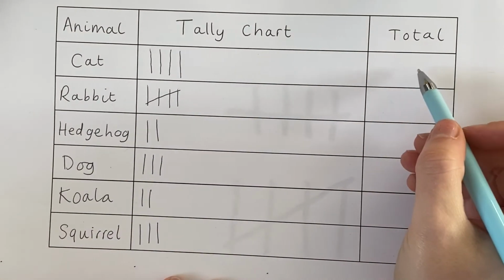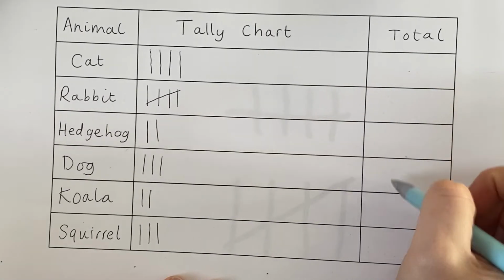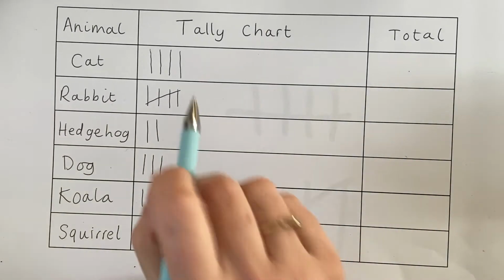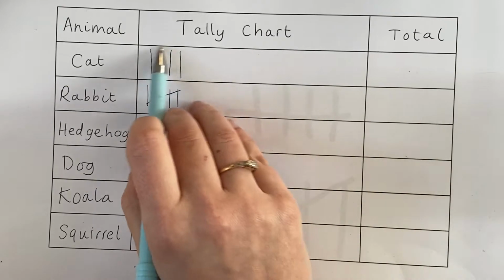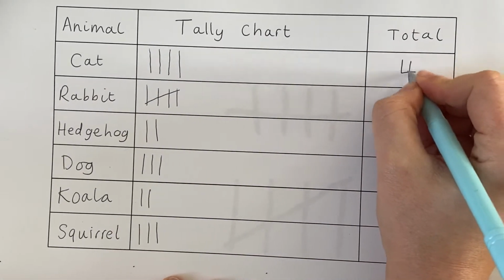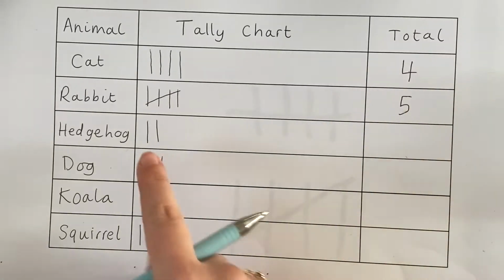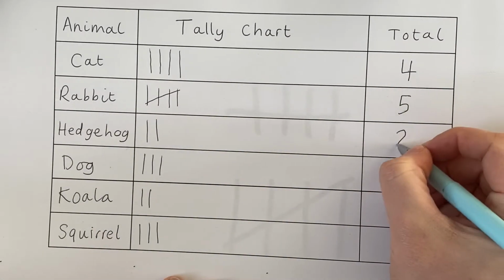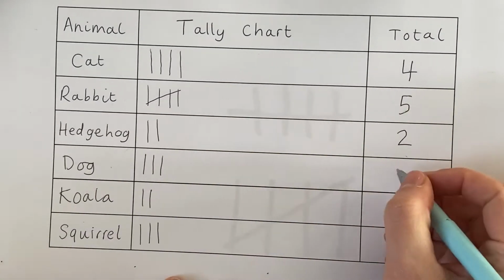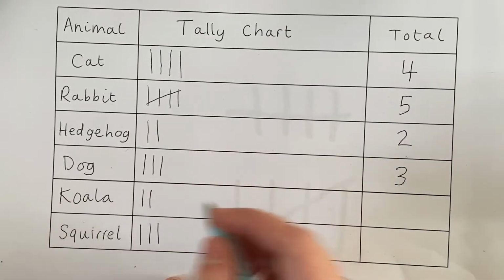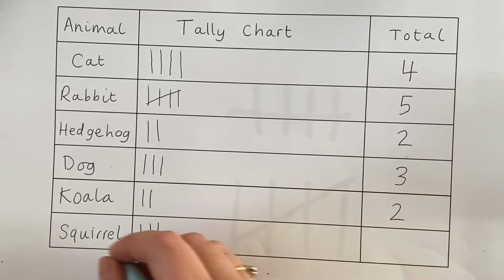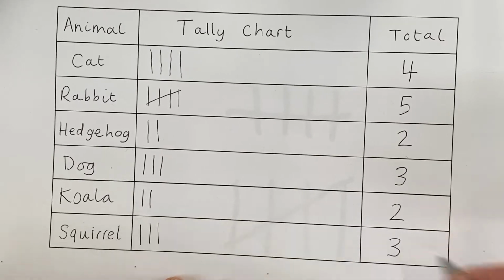Okay, I'm going to write in the total at the end of each row. Cats, we have 4, rabbits 5, hedgehog 2, dogs 3, koalas 2, squirrels 3.